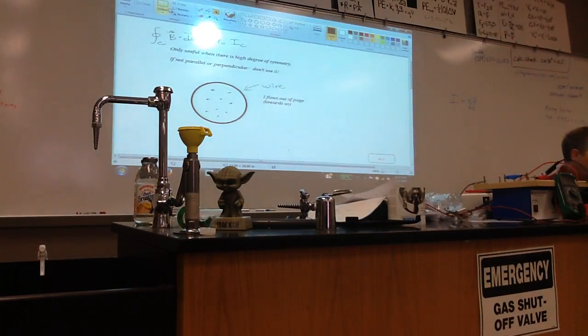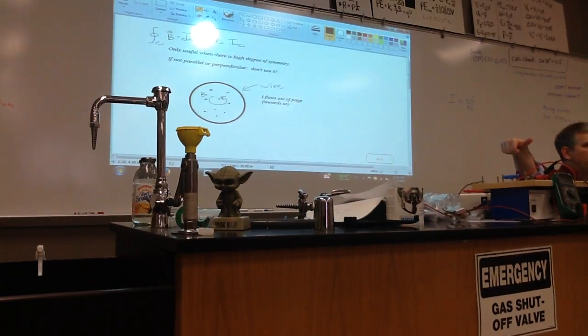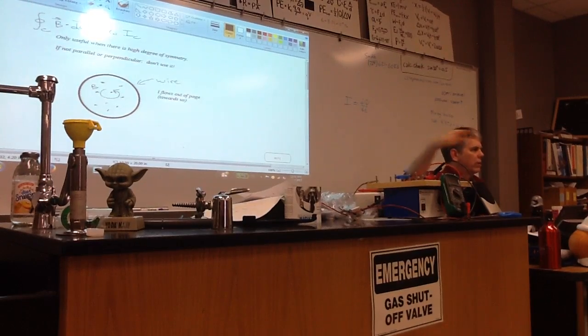So the magnetic field is going to be going this direction. Yes? That's going to be the magnetic field at any point around the wire as you go out. At any radius R, the magnetic field is going to go this direction. Yes? I'm looking around the room to see if people are following me on that, yes or no? Yes. Okay.